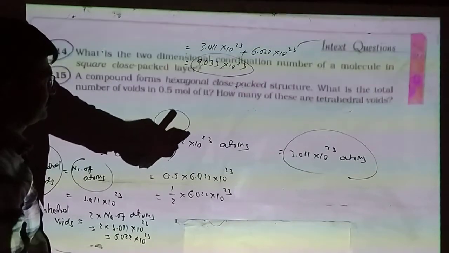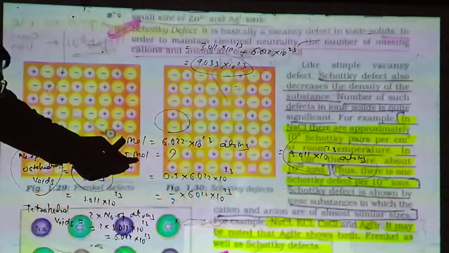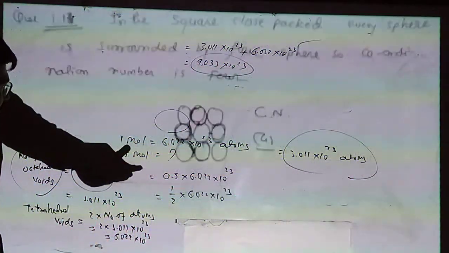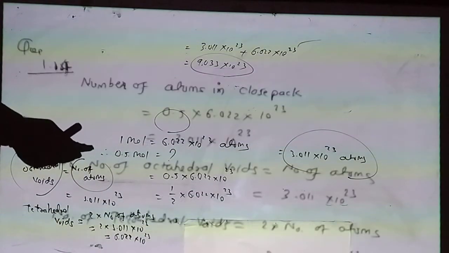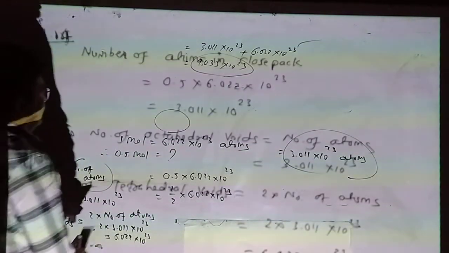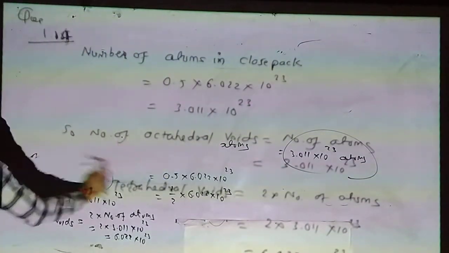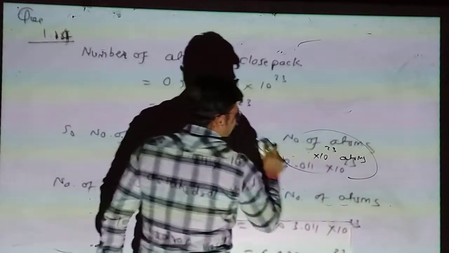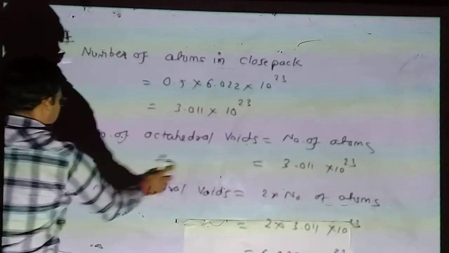Once again, the number of atoms in the close packing, you can see, 1 mole equals 6.022 into 10 raised to 23.